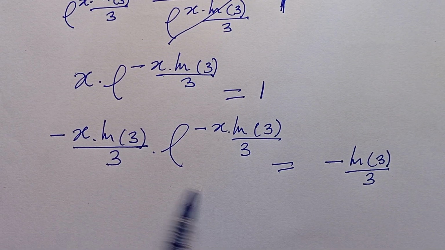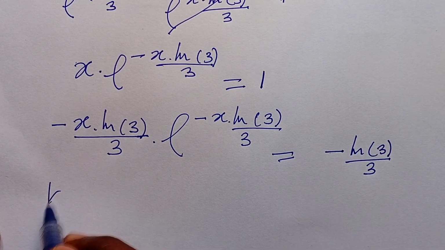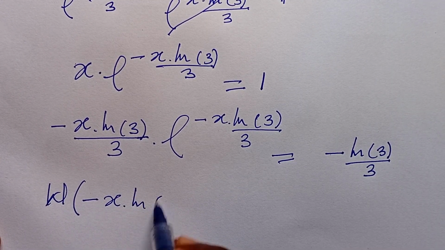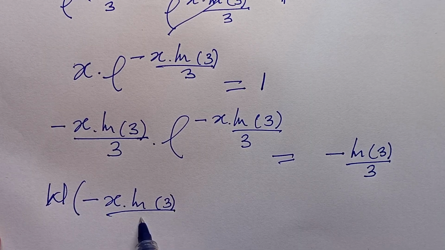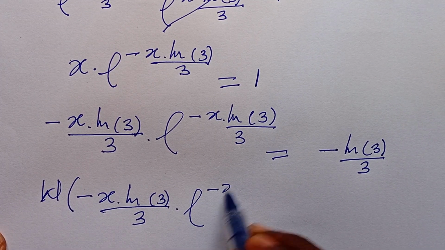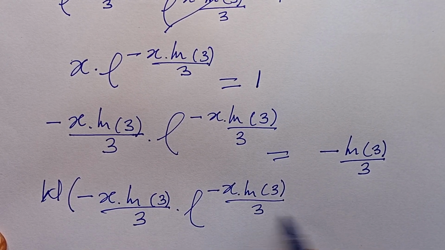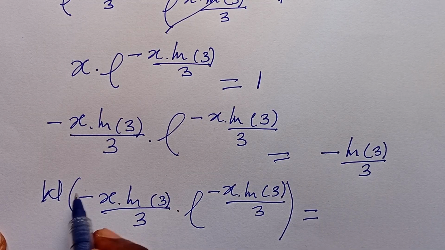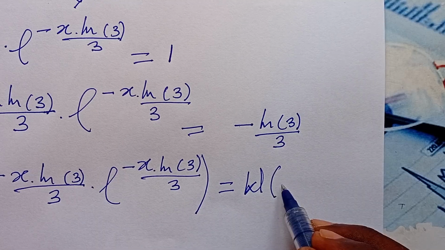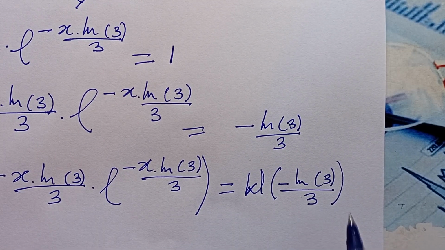So we want to take the Lambert W function of everything here. If we do that, we're going to have W of minus x times ln of 3 all over 3 times e raised to the power of minus x times ln of 3 again all over 3, is equal to W of minus ln of 3 all over 3.